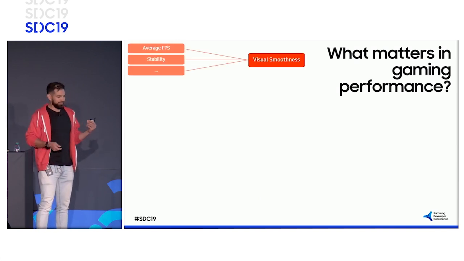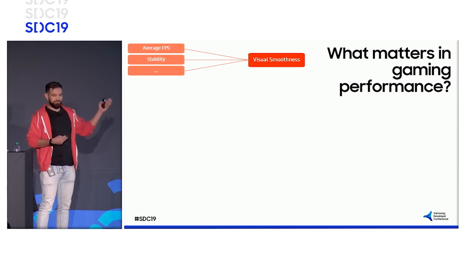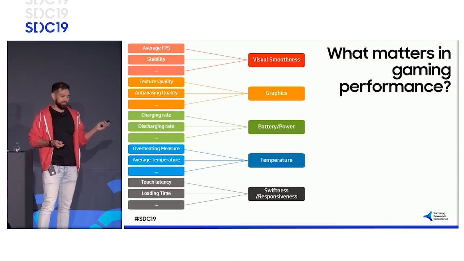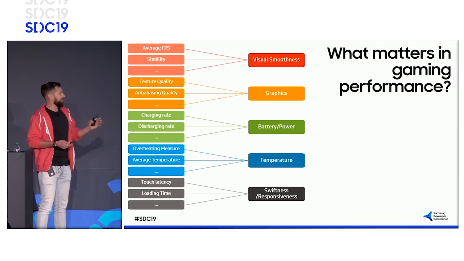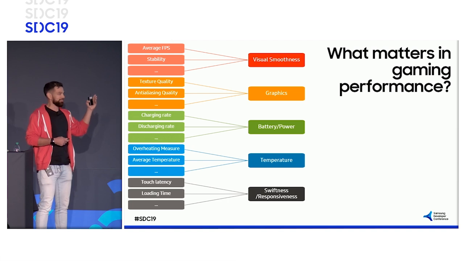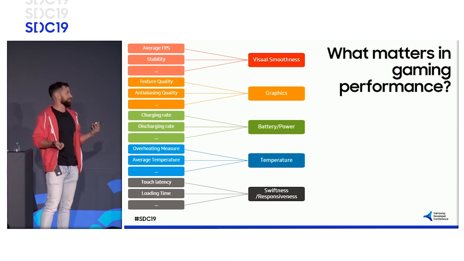So with this, we came up with this generalized framework. We followed the aforementioned areas that I went through. So visual smoothness, graphics, battery power, temperature, and swiftness and responsiveness. And for each of them, you can see they're built up of some components, which are more objective. They're just aggregate statistics from a particular gaming session.